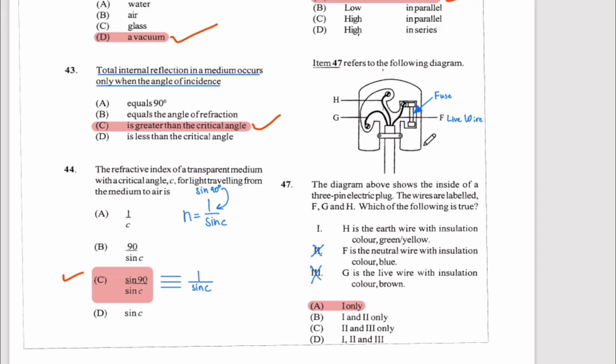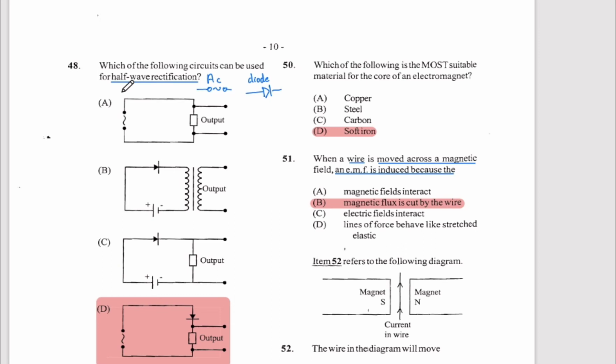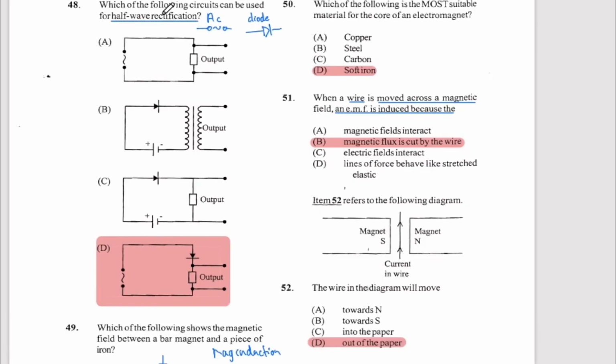And of course, our answer is A. Question 48. Which of the following circuits can be used for half-wave rectification? And that's D.